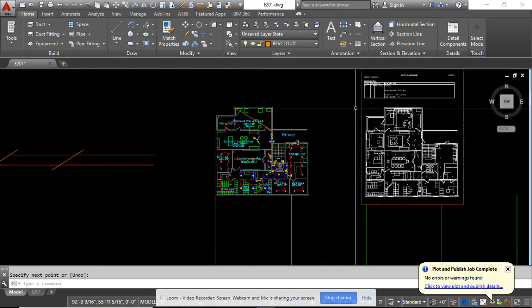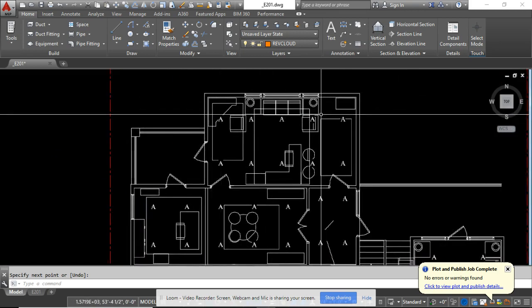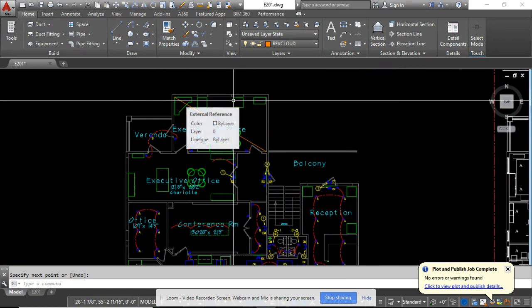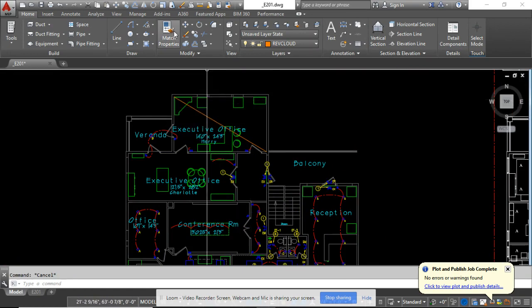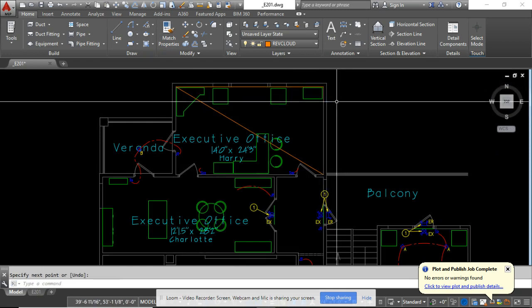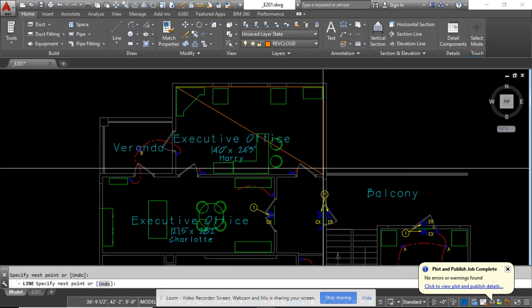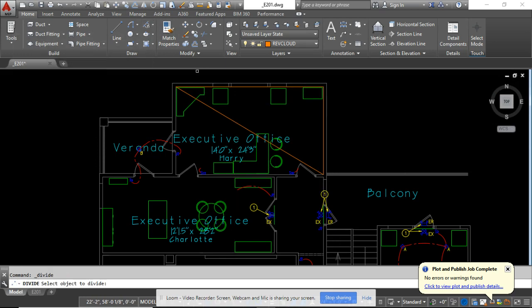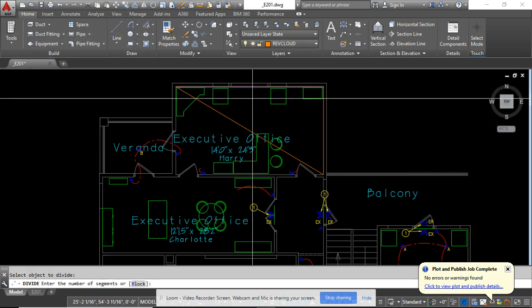Since I have 5 fixtures across, I'm going to divide the room across, not by 5, but by 10. So what I could do is this. I could divide the room across by 10.